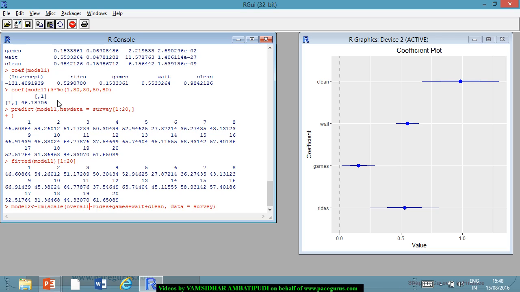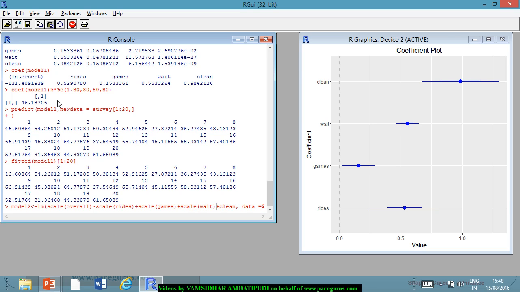Means I'm doing the scaling of the overall value. I'm also doing the scaling of each of the variables separately. So I'm doing the scaling of rights. Remember, the scaling will be done only for quantitative variables, not for categorical variables. So I am performing the scale of each of those variables.